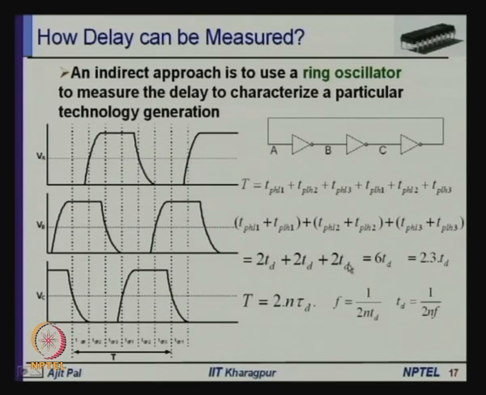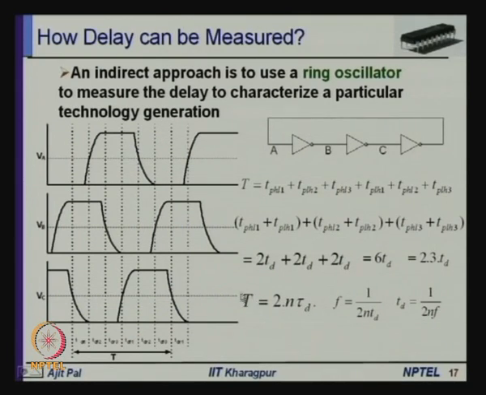We have got 6 TD. So 6 TD is equal to 2 into 3 into TD, and since n is the number of stages, the time period is equal to 2 into n into TD, where TD is the delay time of a particular stage.